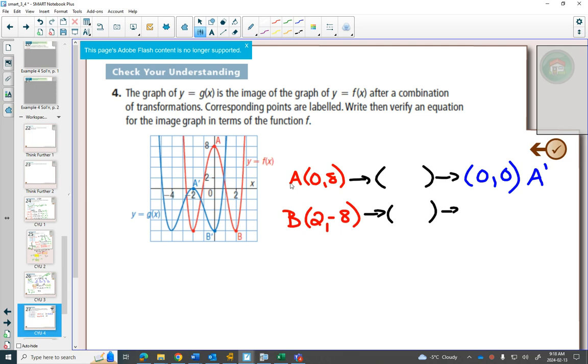Transformations happen, and we end up with, oh, sorry, I labeled the point wrong. A prime happens to be at -2, 0. And B prime is at 0, -8.